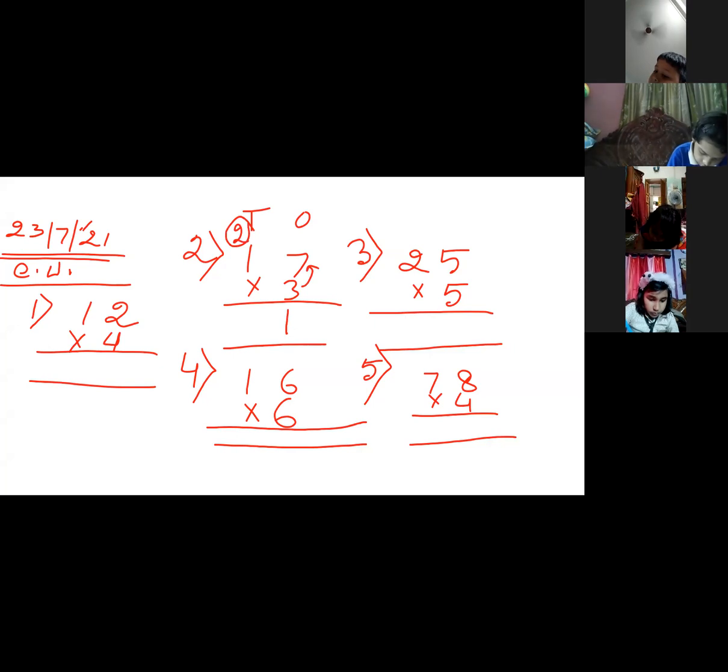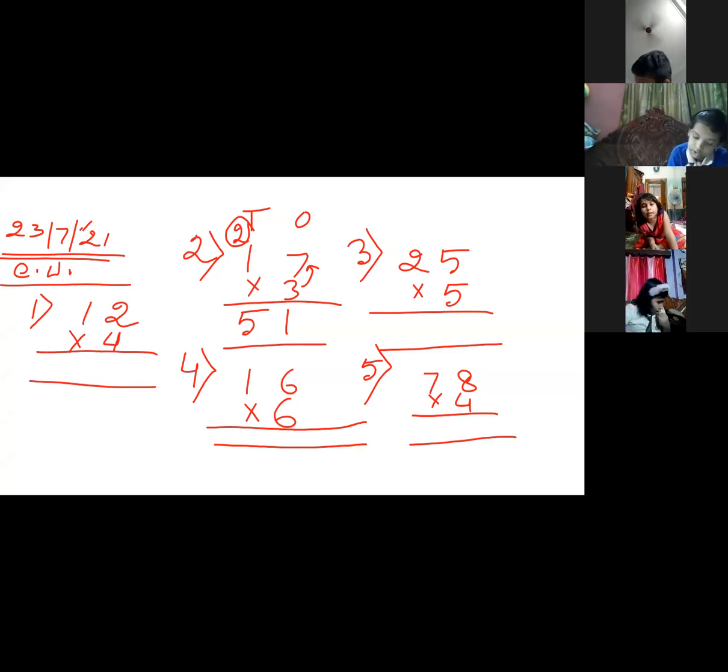Now 3 ones is 3 plus this 2, so it will be 5. So 17 into 3 is equal to 51. I have done the first 2, na? I skipped 1, because you have to do 1 yourself, okay?